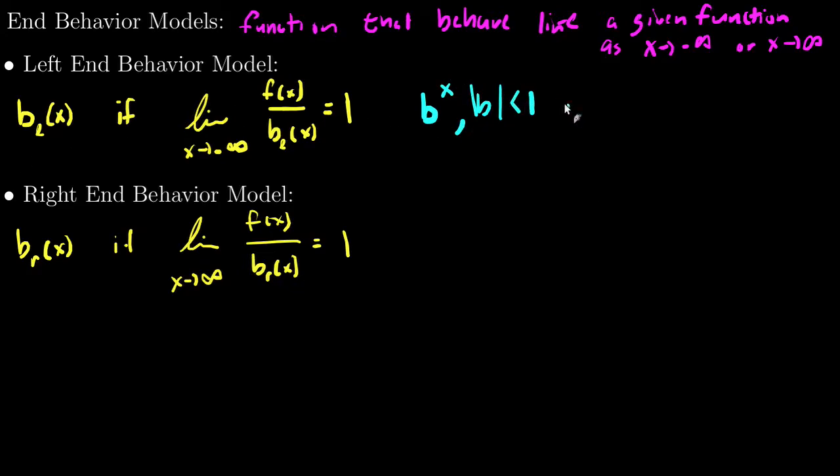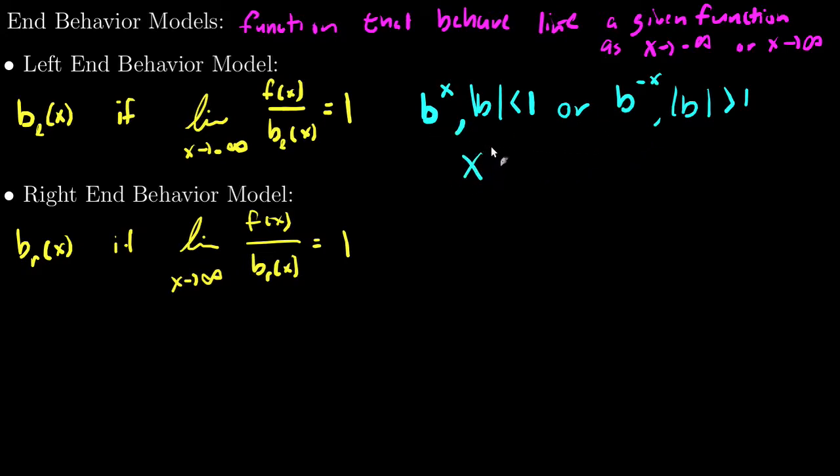Or another way to notate this would be b to the negative x, in which case the magnitude of b is bigger than 1. I'll explain this when we see our first example. So this has top priority, growing the fastest out of the ones we can consider.